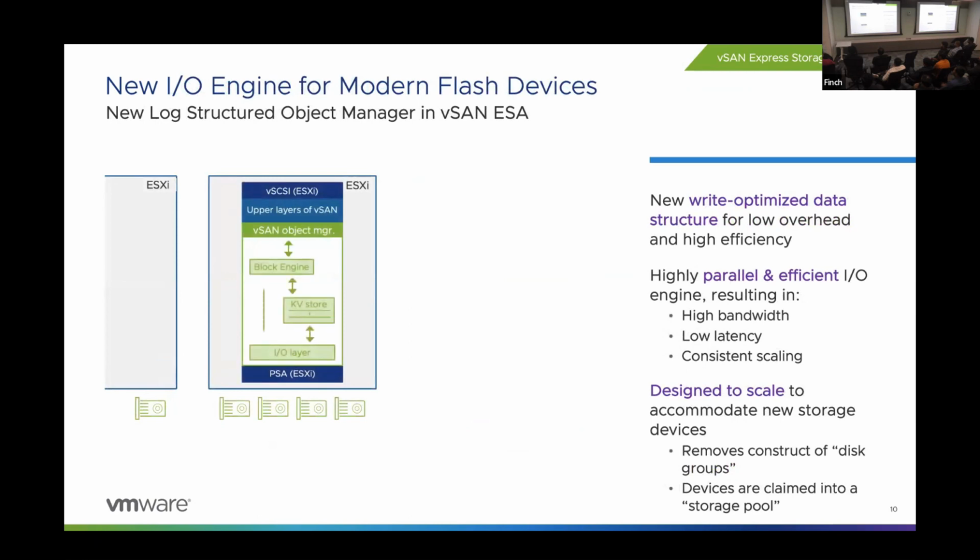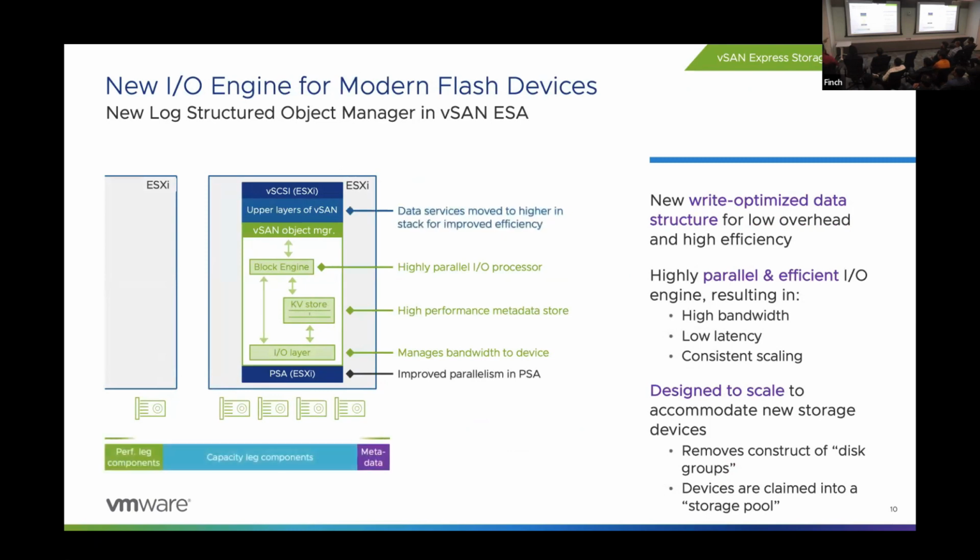The second element that I mentioned was the IO engine. The IO engine existed before, it's just that it is now a more improved solution that can accommodate more modern storage devices. As the technology has advanced, with NVMe flash drives, and even what will come along, or that cater to containers and modern applications, you need a modern IO engine that helps you store the data in a very efficient way.